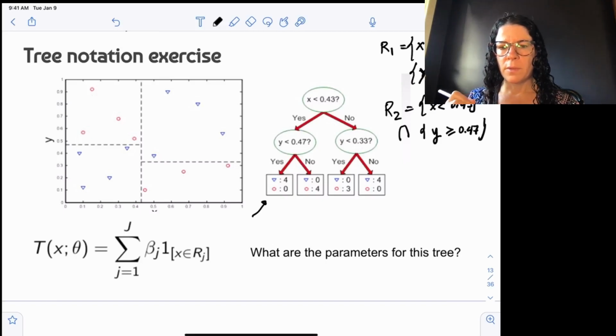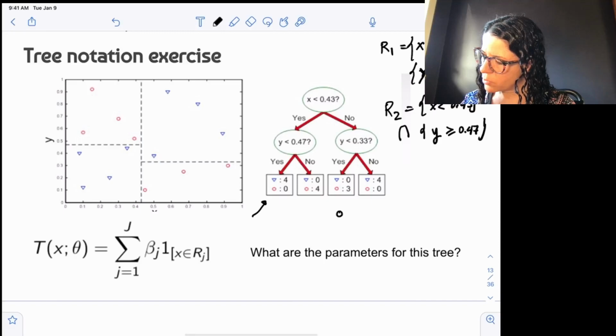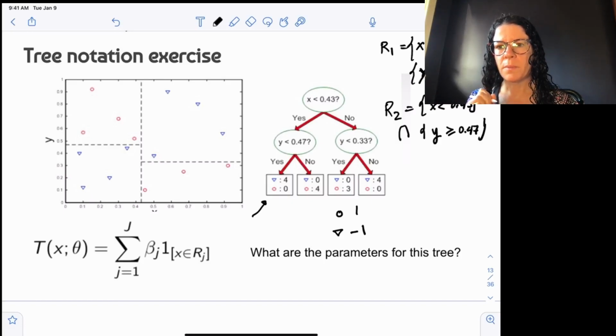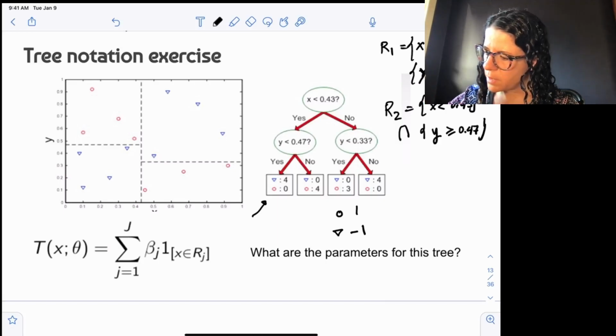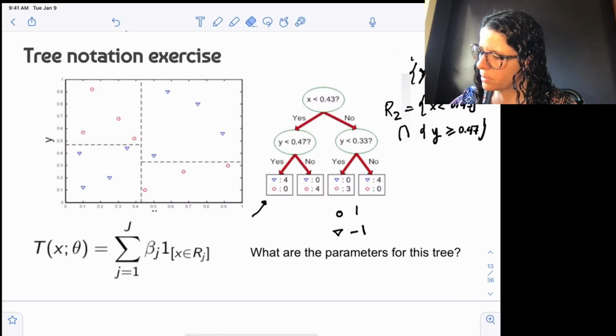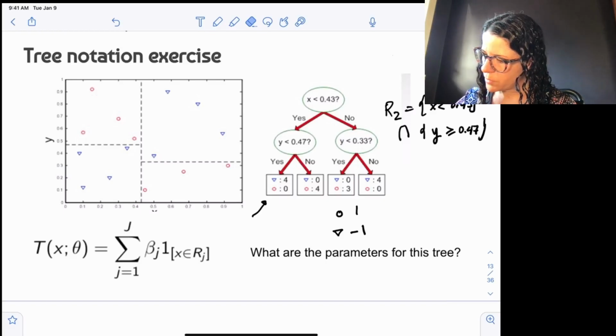Now I would like you to think about what beta is here. Maybe circles correspond to 1, and triangles correspond to -1. So what is beta_1, beta_2? Sorry, I realized that I cannot write here, so let's write this R_1 again.